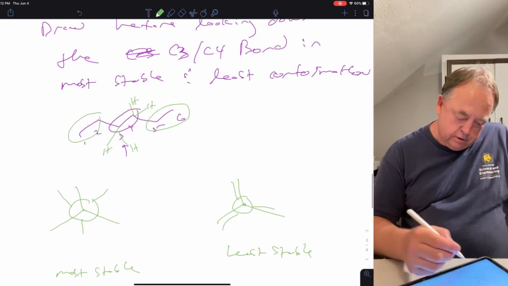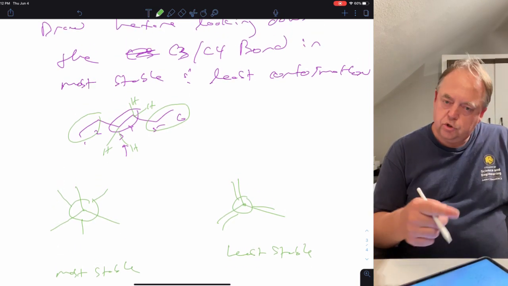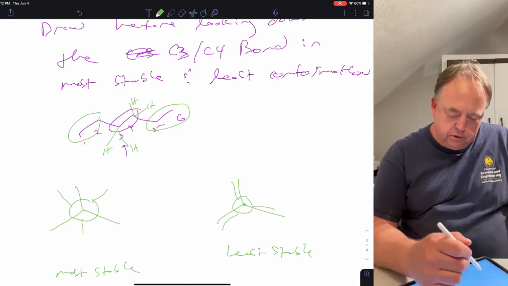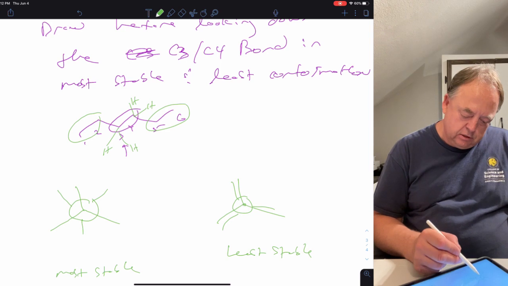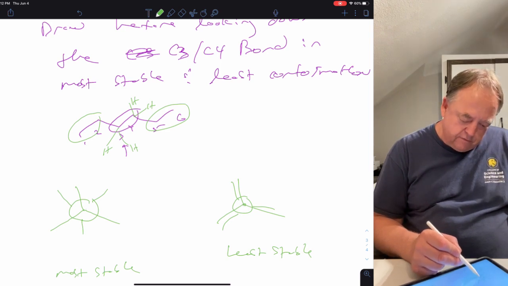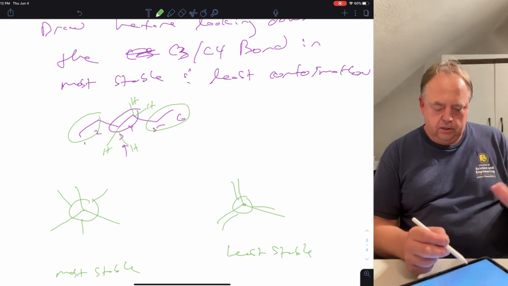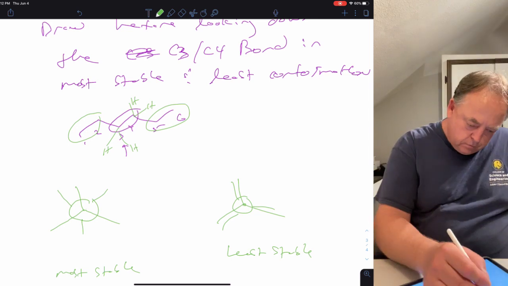Okay, so the C3 is in the front, C4 is the circle in the back. So C3 is attached to C4, but we don't see that bond, right? Because that's the bond between the front vertex and the circle in the back. What we see is the other three things. We see the two hydrogens and the ethyl group.